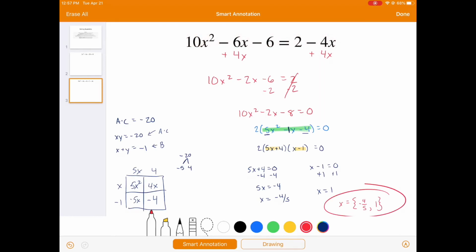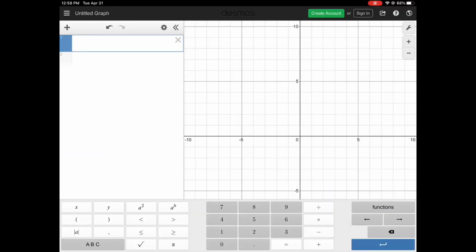If you get to this point, great. If you want to check your work, what I would suggest is going over to Desmos and plugging in the original equation. So let's do that. When we do that, we just plug in exactly what we had seen.